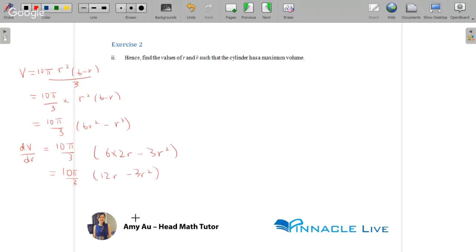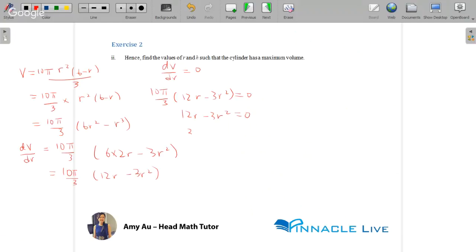And now we're going to solve to 0. Now the advantage of leaving it factorized like this is it makes it very easy to solve to 0, because the constant is irrelevant when solving it to 0. You're just solving that to 0.